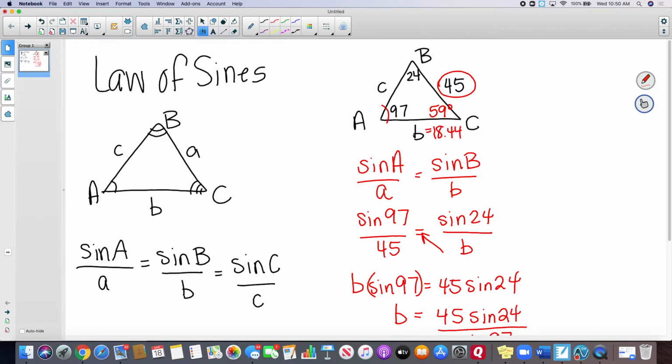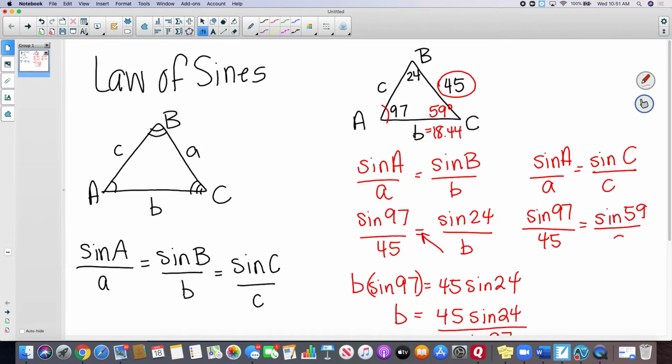Now to solve for c, we do the same thing. Sine A over a equals sine C over c, so sine 97 over 45 equals sine 59 over side c. Cross multiply again: c sine 97 equals 45 sine 59.